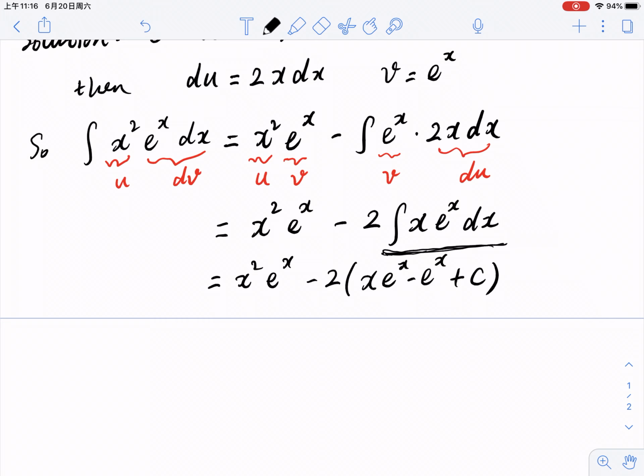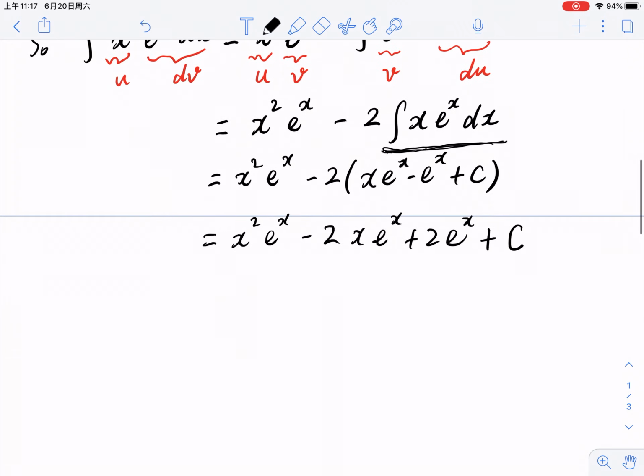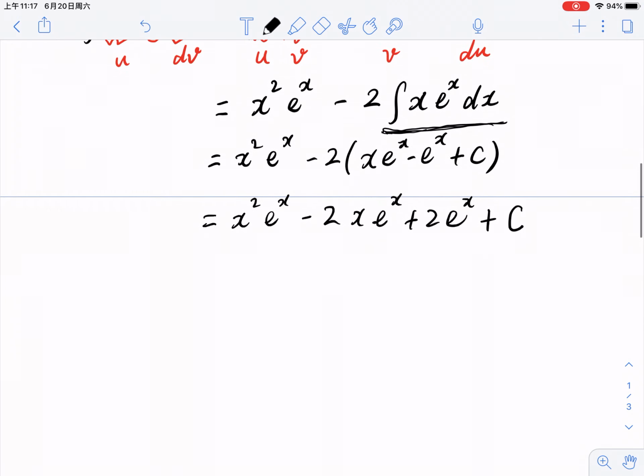Removing the parenthesis, we have x squared e^x minus 2x e^x plus 2e^x, then minus 2c. We can use another constant c, since negative 2c is also a constant.